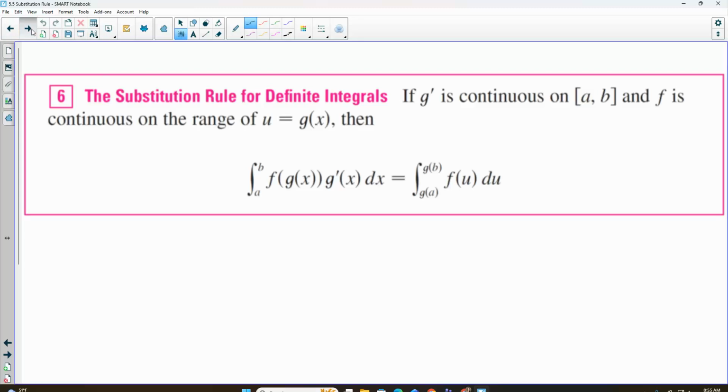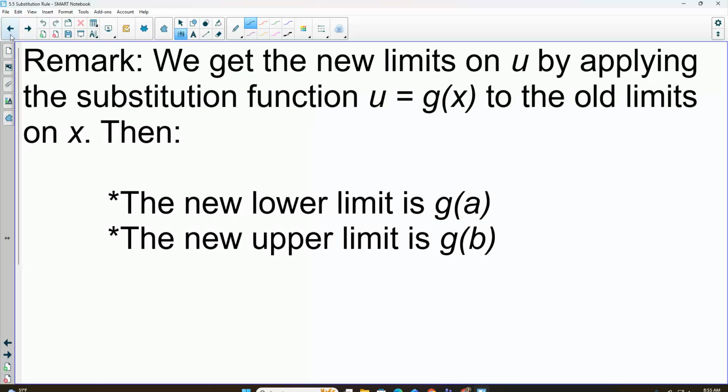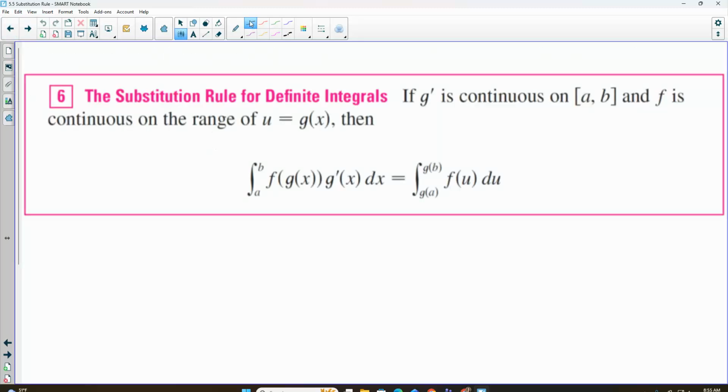So when we do this, if I gave you something like this, and I told you to integrate this from 0 to 2.